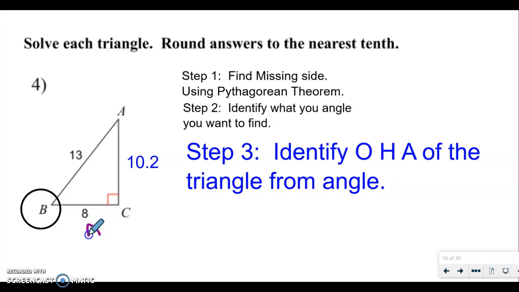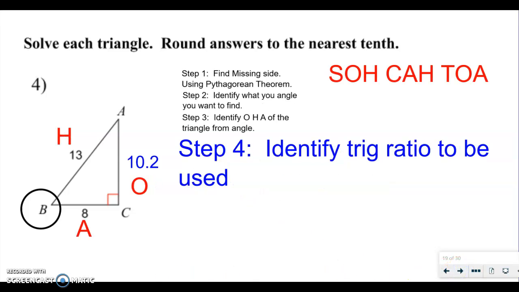So this is your adjacent, this is your hypotenuse, that's your opposite side. After we do that, we're going to identify the trig ratio we want to use. Based off the fact that I have the 8 and the 13, I'm going to be looking at my adjacent side and my hypotenuse. So I'm going to be using cosine.